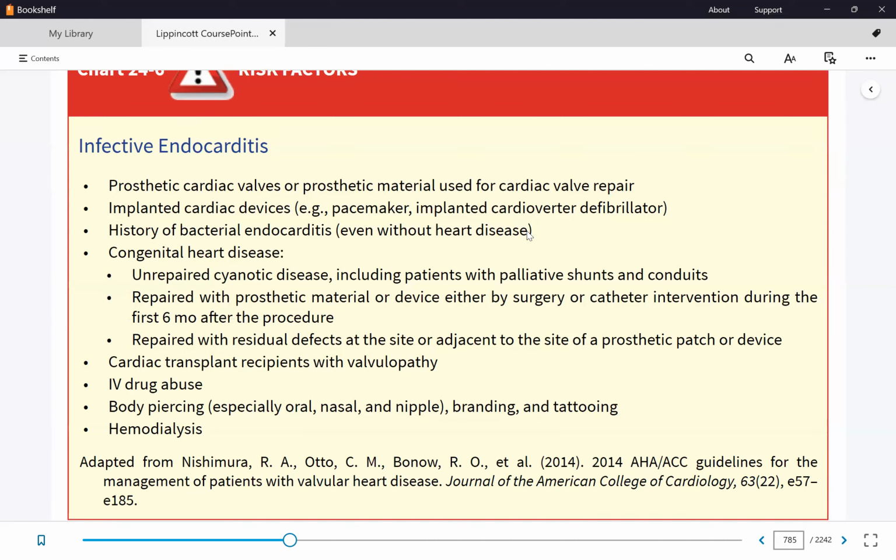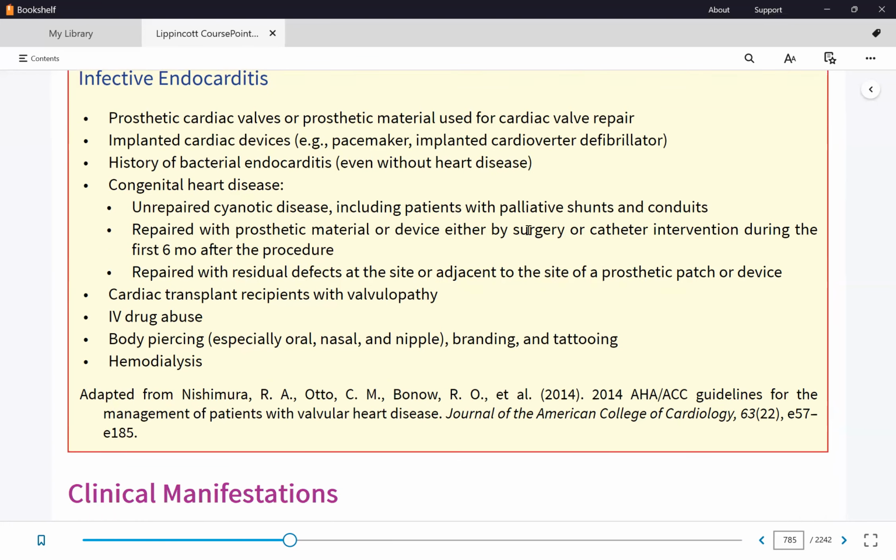Also, those with implanted devices such as a pacemaker or an ICD, or a history of endocarditis in the past. Meaning you had it once, do you have valve damage? Yes, from that previous endocarditis. So therefore, you're at higher risk to get another one.